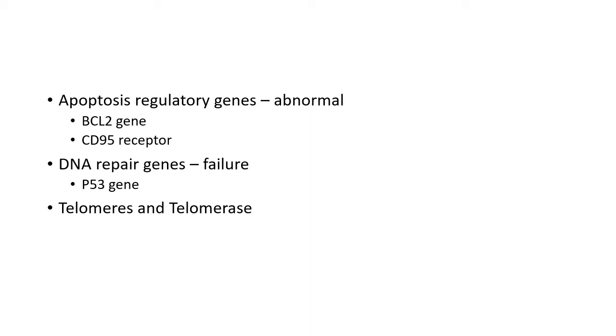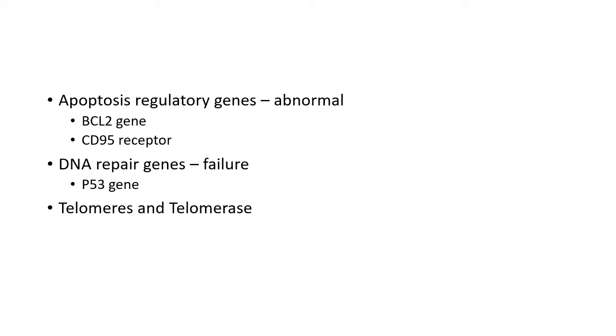Here we must also talk about a very interesting thing, that is the telomeres and the telomerase enzyme. Telomere is a protective sequence at each end of the chromosome, and with each successive mitosis, there is progressive shortening of this telomere.